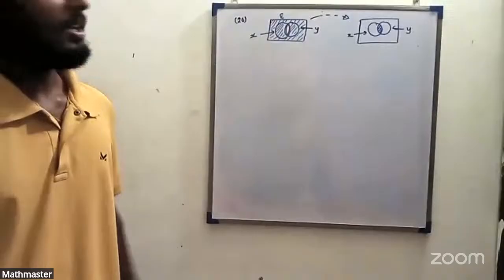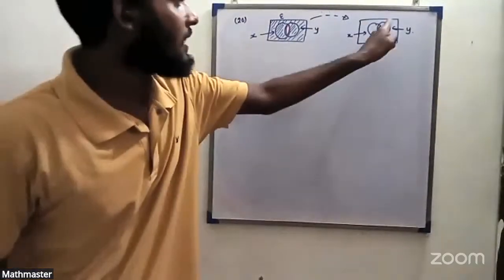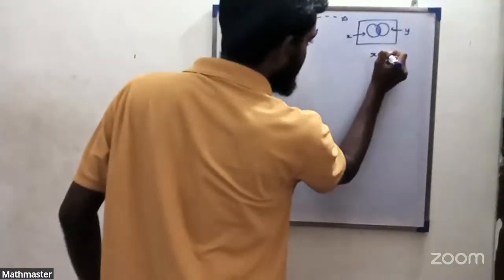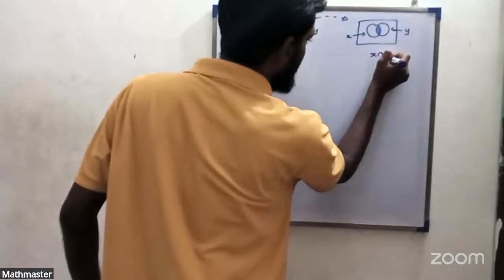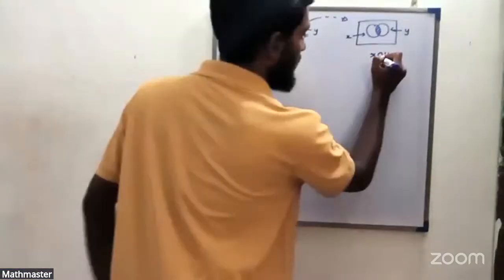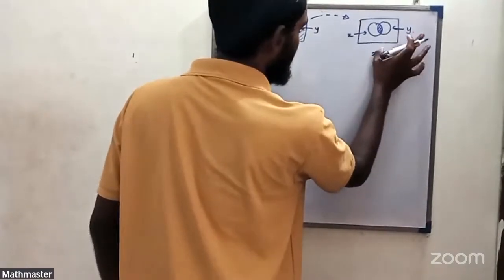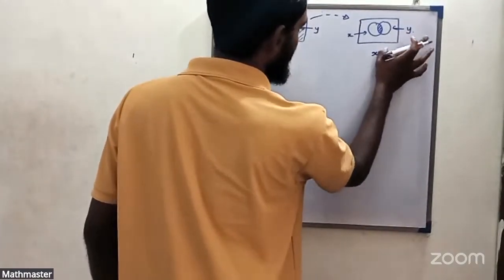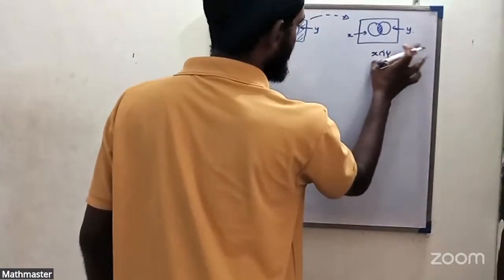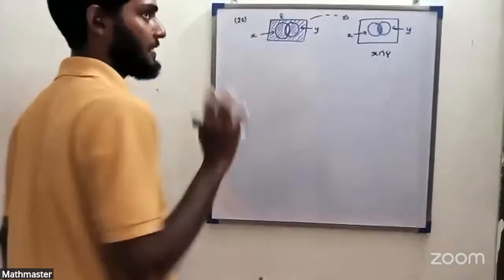We know here X, here Y. Now this middle part is X intersecting Y, right? This symbol is intersection, the common part. This part is X intersecting Y.